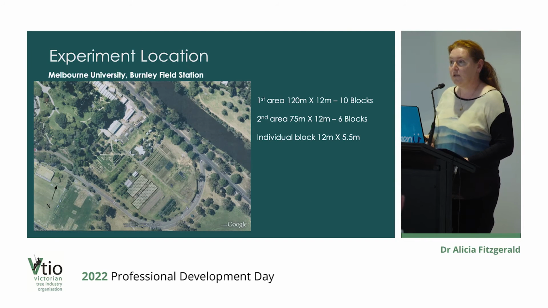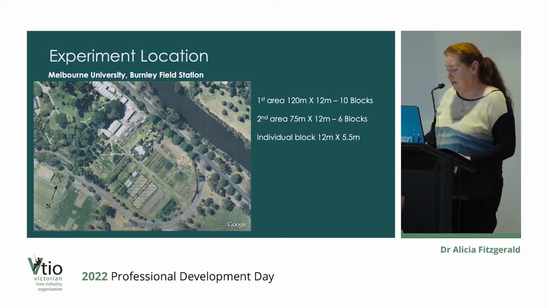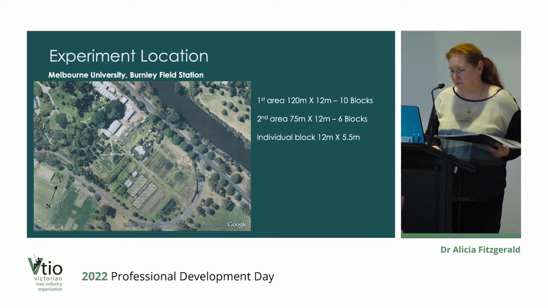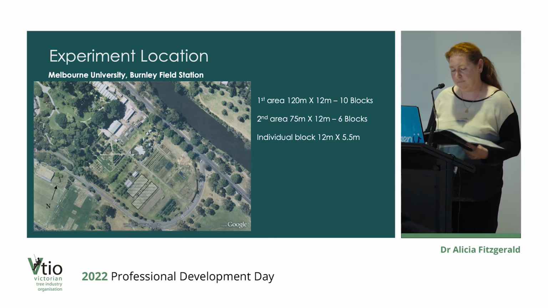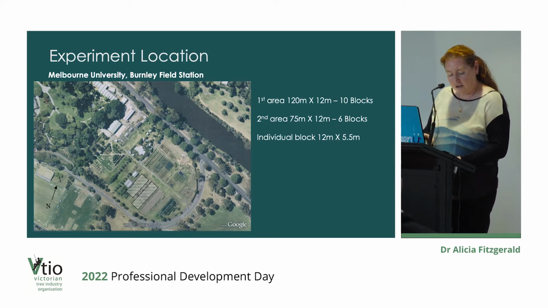So the experiment took place at Melbourne University Burnley campus, and I'll use the mouse. So here I'm showing the large block, and here is the smaller block. The larger block measured 120 metres long by 12 metres wide, and there were 10 individual blocks within that larger block.